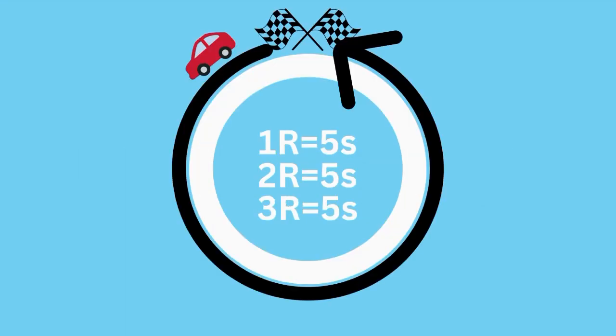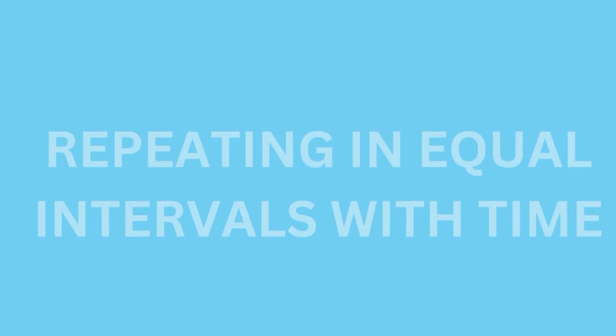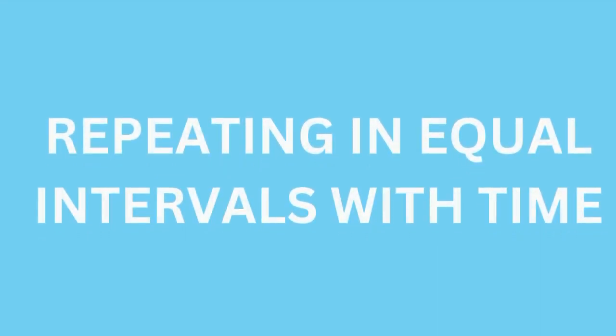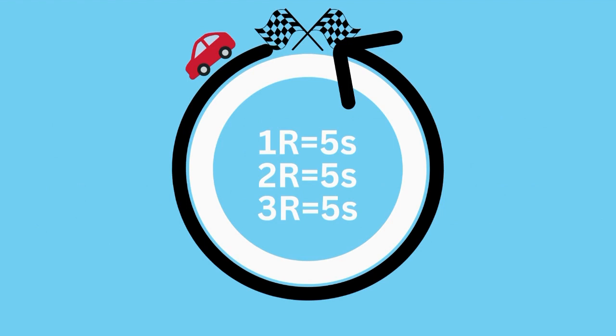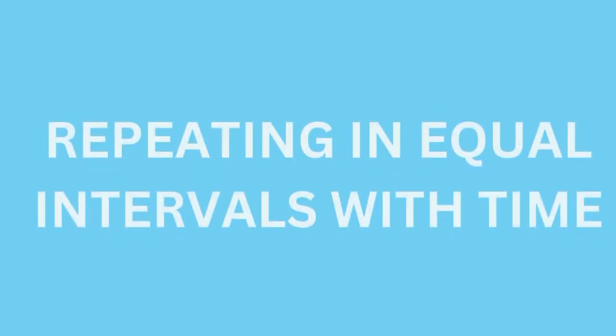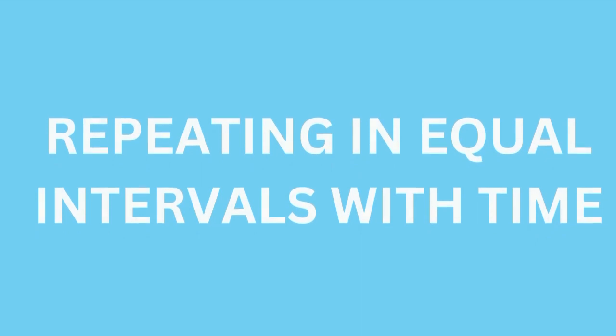This is because the car's motion repeats in the same interval of time. In the first round, it took 5 seconds, the second round 5 seconds, the third round 5 seconds. So this car moves in the same interval of time.